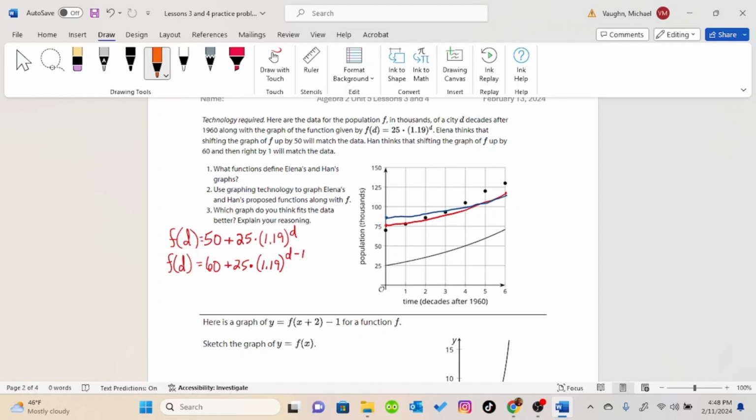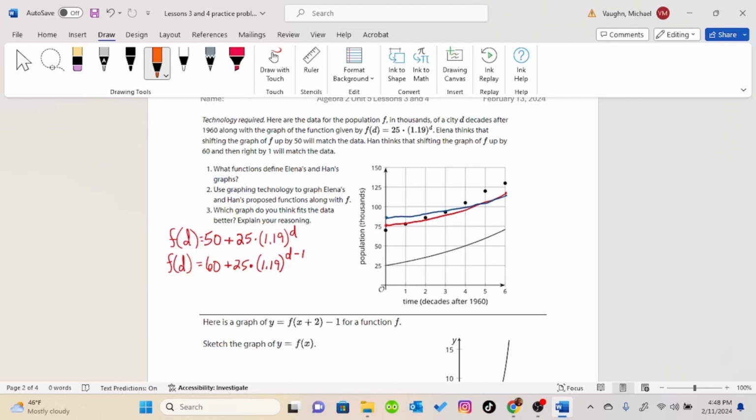And now for part 3, they want to know which graph do you think fits the data better and explain your reasoning. And if you look, they both seem to be about the same distance away from these top 3 points over here on the end at 4, 5, and 6. But if we look down here at the beginning, the bottom line is much closer to the first point.